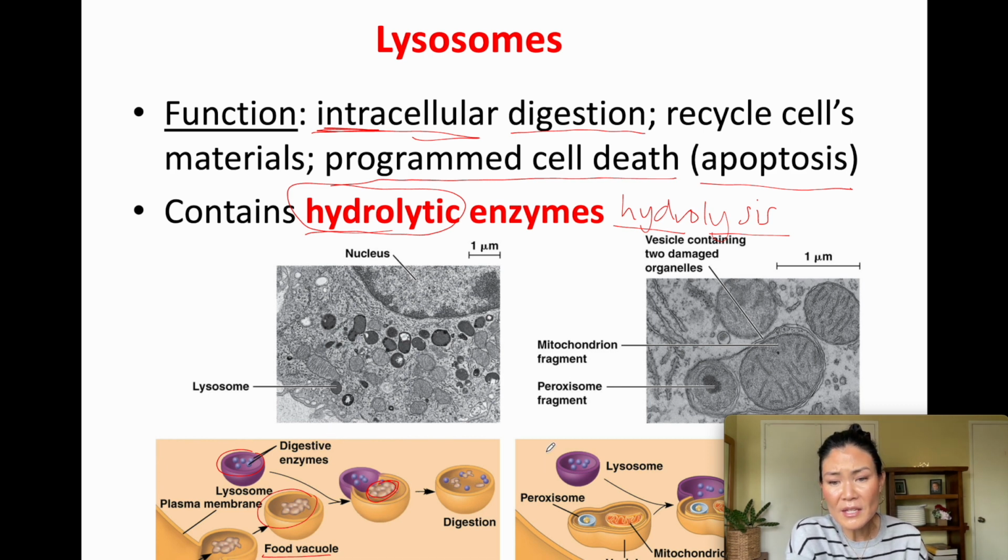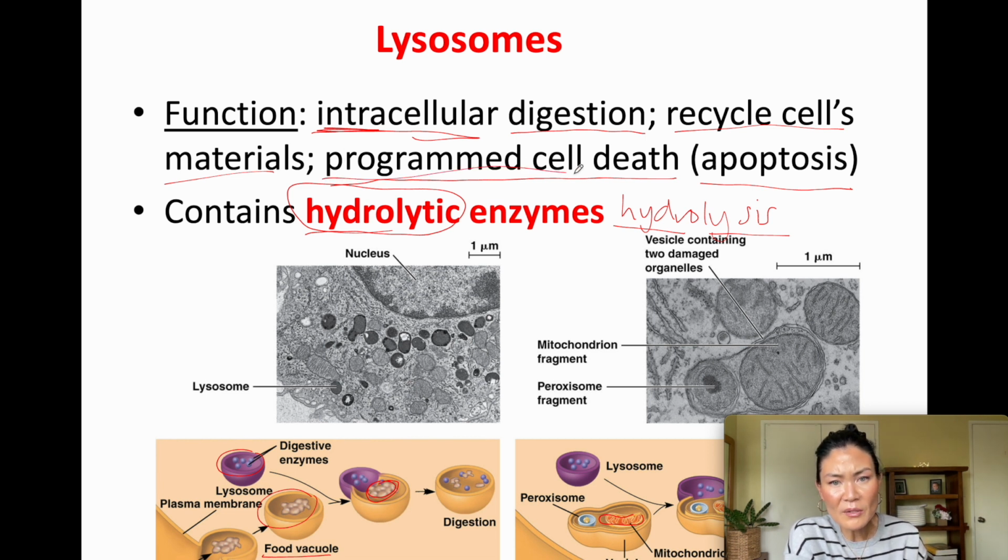And then if things need to be recycled within the cell, let's say that there is a mitochondria that's really old, the lysosome is going to fuse with the vesicle that contains the mitochondria, and it's going to digest the mitochondria. So that's why we may recycle cell materials. Like if there's old organelles, the organelles can be broken down and the parts can be reused, okay?